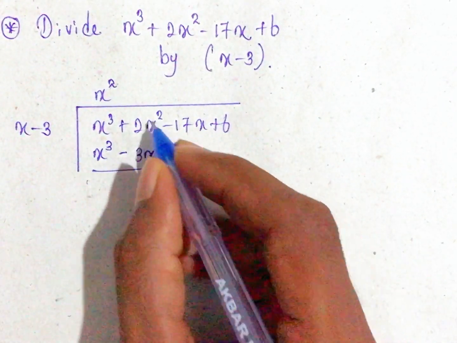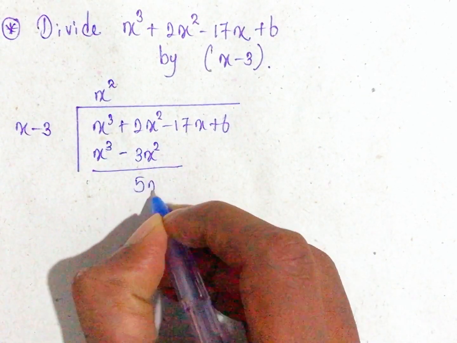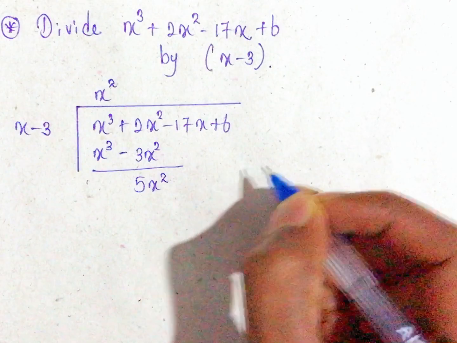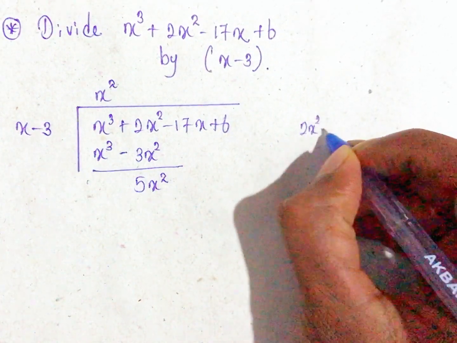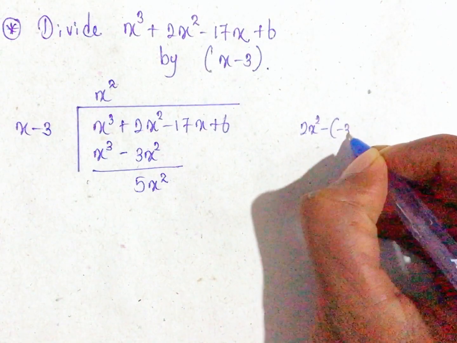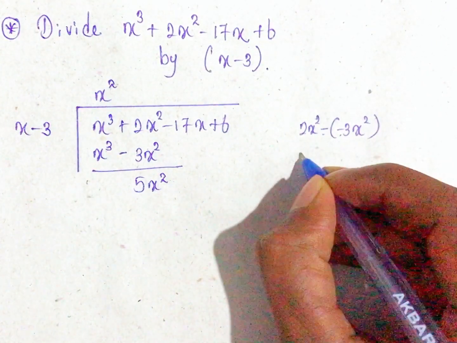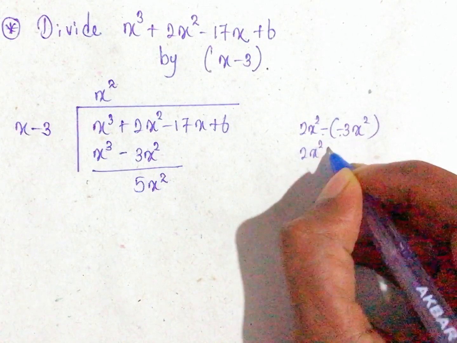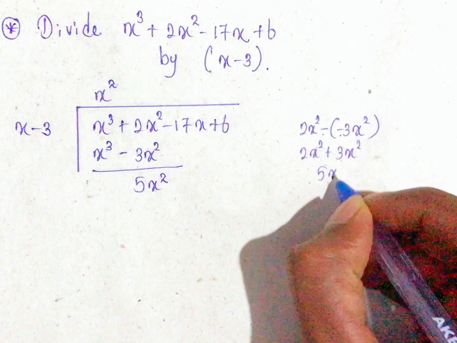Then you need to subtract these two. When you subtract, you get 5x squared. You know how to subtract it: 2x squared minus minus 3x squared. After simplifying, the two minus signs become a plus, so 2x squared plus 3x squared is 5x squared.